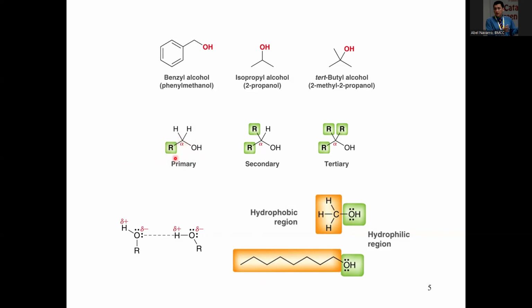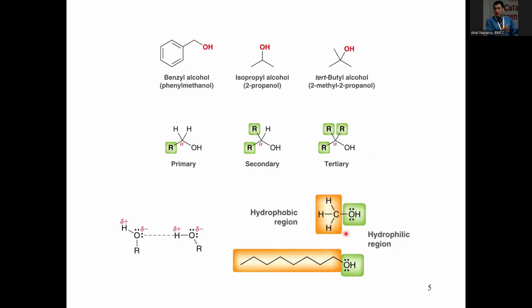That would be a primary carbon. This one is a secondary carbon, because the carbon that holds the OH, the hydroxyl, has two carbon chains. And a tertiary alcohol is one whose hydroxylic carbon has three carbon groups. So that would be primary, secondary, and tertiary.